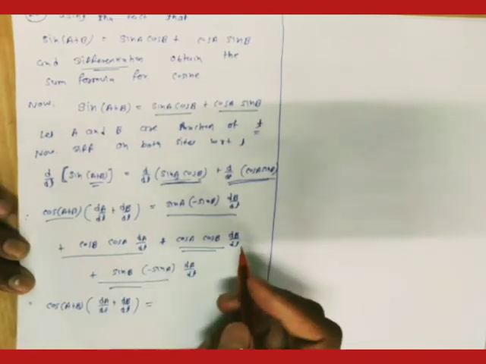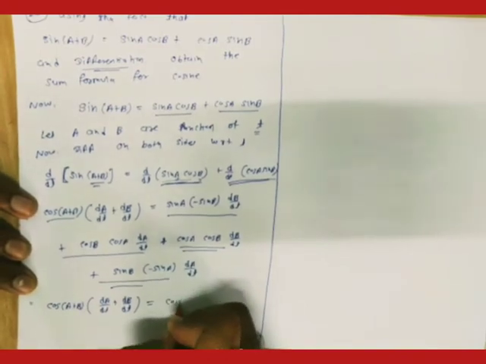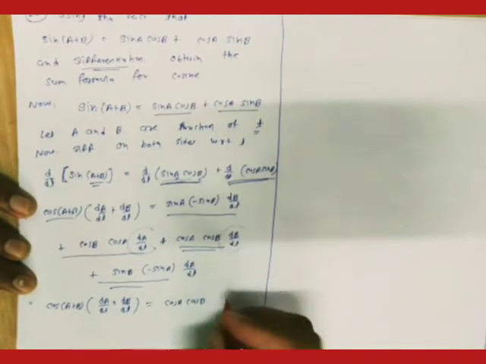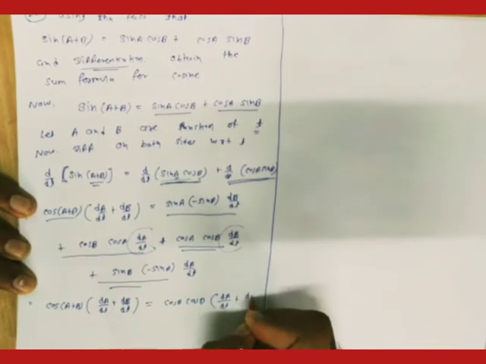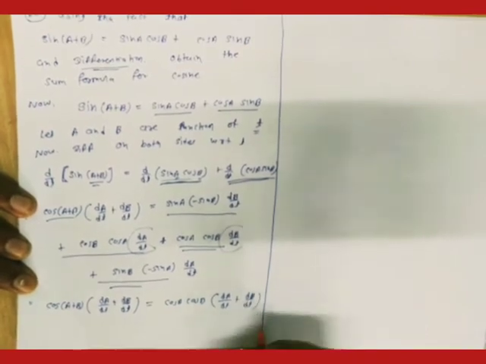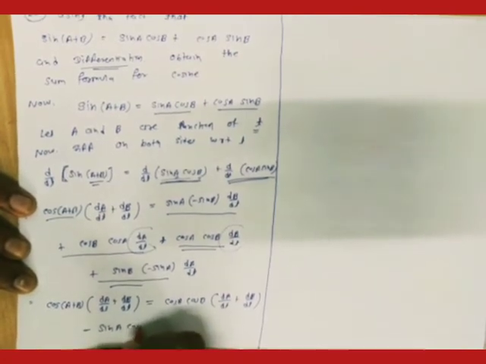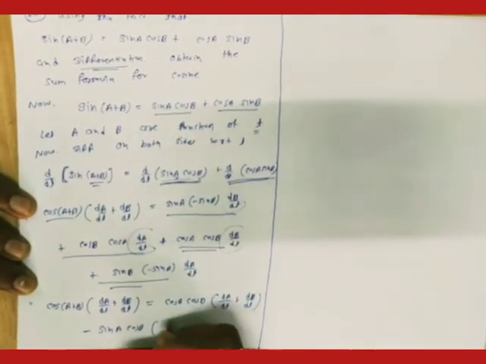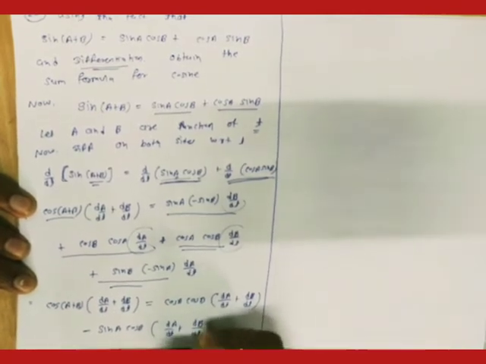So first we write cos a cos b common, and the remaining terms are dA by dt plus dB by dt. Minus sign is common, so minus sin a sin b is also common, and the remaining terms are dA by dt plus dB by dt.